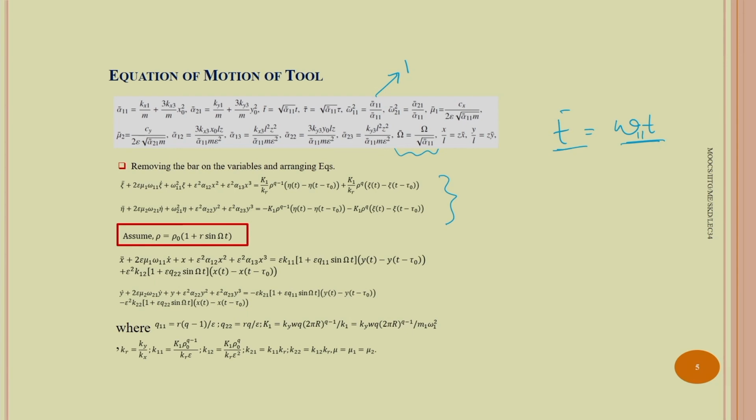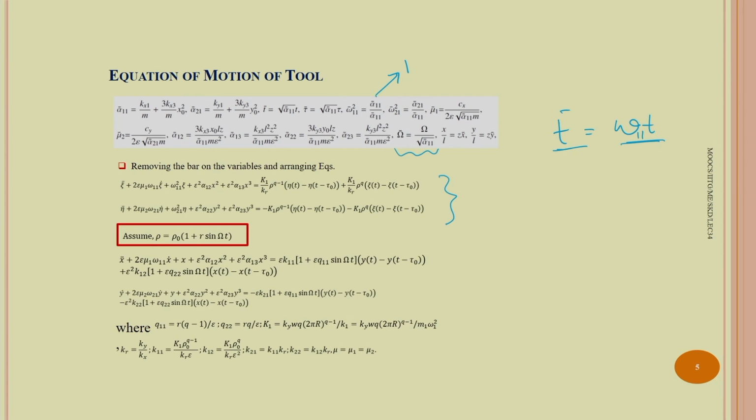Similarly, the eta equation in the y direction reduces to eta double dot plus 2 epsilon mu 2 omega 2 1 eta dot plus omega 2 1 square eta plus epsilon square alpha 2 2 eta square plus epsilon square alpha 2 3 eta cube equal to minus k 1 rho to the power q 1 into eta at t minus tau 0, minus k 1 rho to the power q zeta at t minus tau 0.